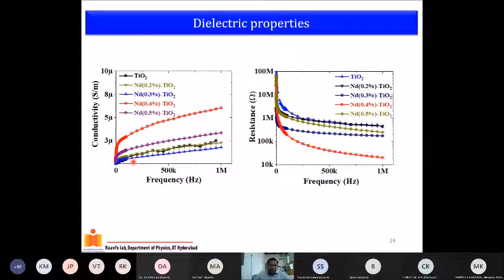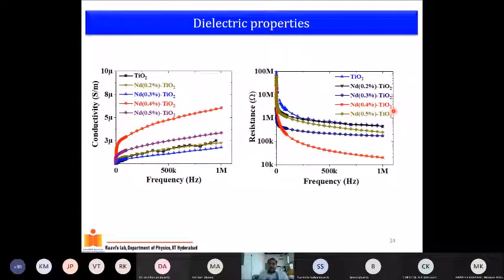If I look carefully, the black curve, which shows the conductivity of titania, is lower than the red curve, which shows the improved conductivity when you dope with 0.4 Nd-TiO2. The same holds for the resistance, obviously opposite: resistance is least when you have doped with 0.4 mole percent of Nd in titania.